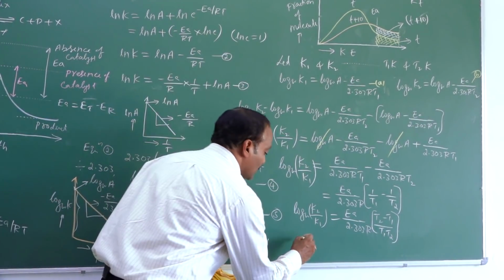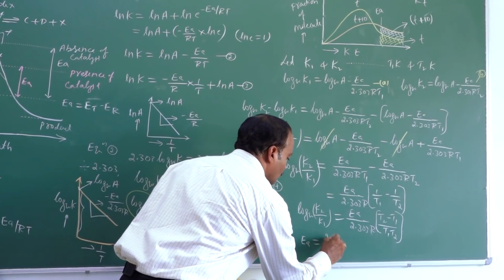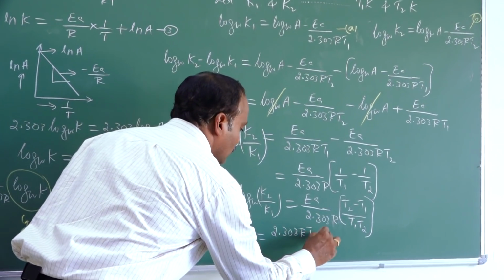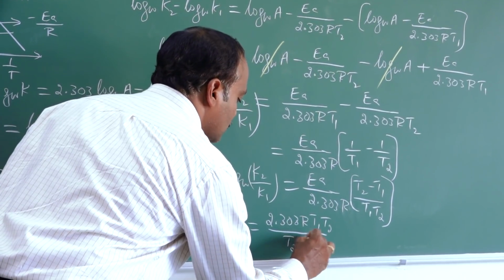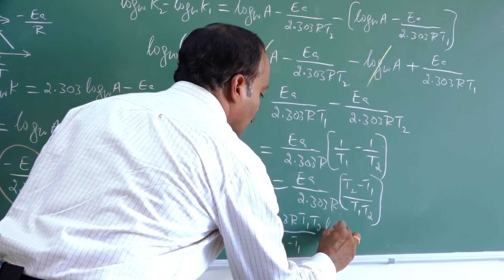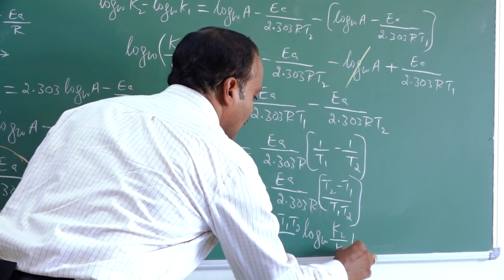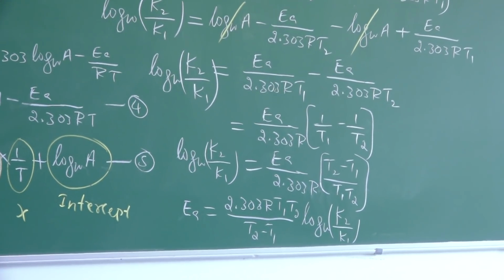Then Ea is equal to 2.303 R T1 T2 divided by T2 minus T1 log base 10 K2 divided by K1. Is it clear? Look here.